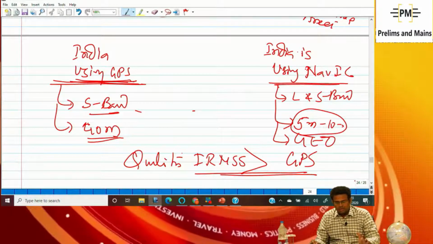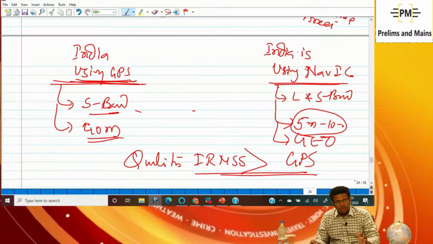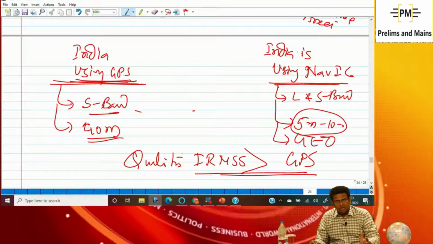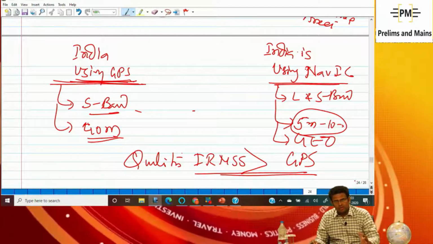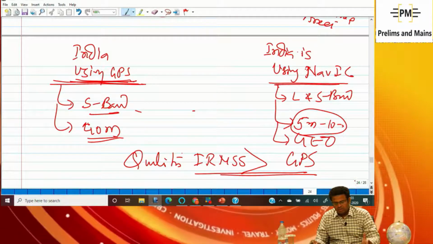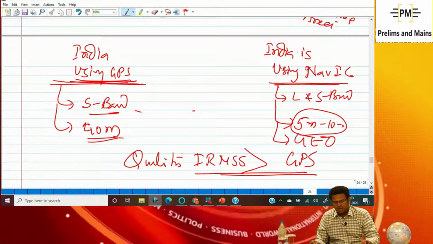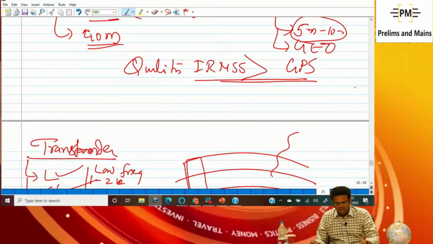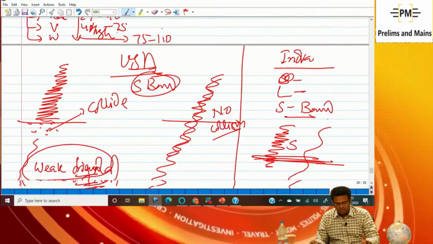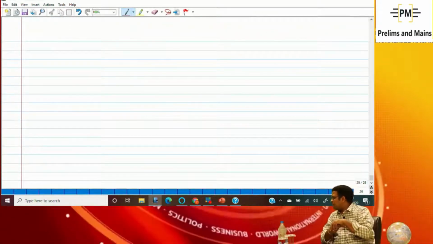But India is using NAVIC, which has L and S bands, and all the navigation satellites are in the geo earth orbit, so it gives a better picture of the locality. So the quality of IRNSS is far better than GPS, clear. So this is about NAVIC and IRNSS.